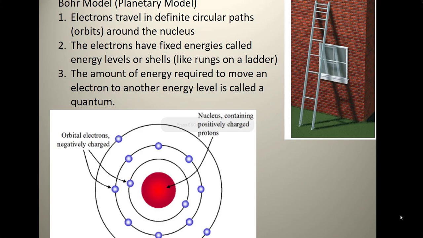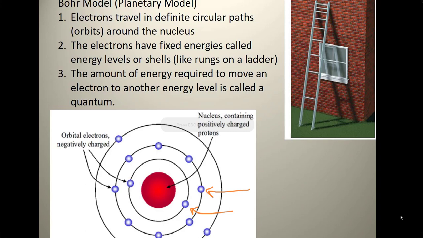Now, this is not exactly how we see the atom today, but the Bohr model has its uses. If you notice, in the very first energy level, there are two electrons that can be found there. The second energy level can have 8. And on this particular atom, we just have 2 in the third shell, but that is incomplete.